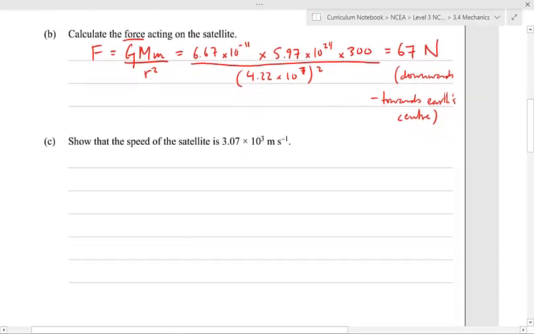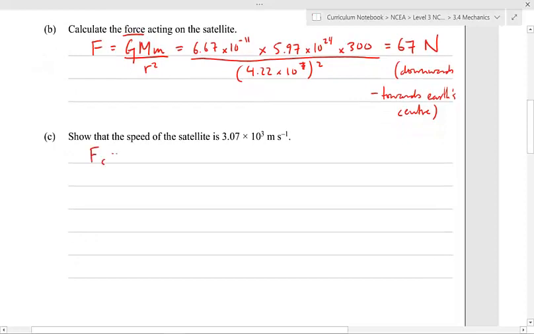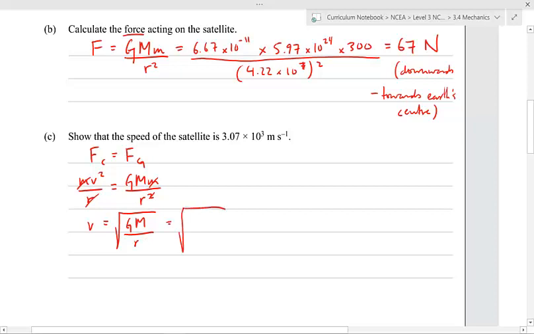The easiest one is to say Fc is equal to Fg, and so m v squared over r is equal to G M m over r squared, and then we can cancel one of the r's, cancel the m, and we get v is equal to the square root of GM over r, which is the square root of 6.67 times 10 to the negative 11 times 5.97 times 10 to the 24 divided by the radius, which was 4.22 times 10 to the 7, all square root.